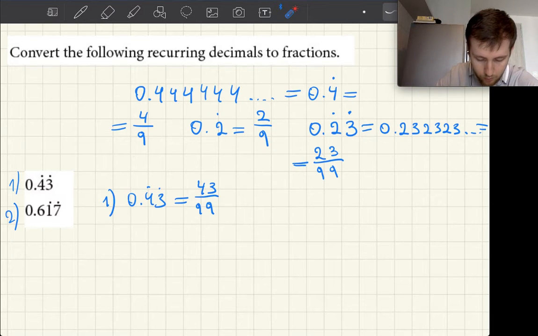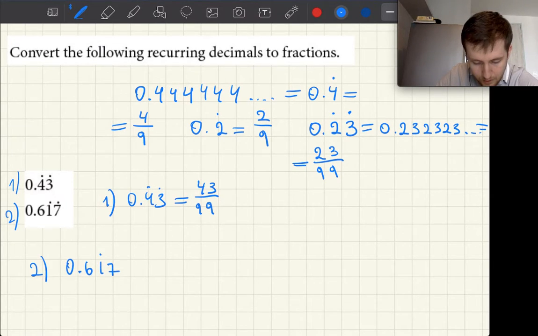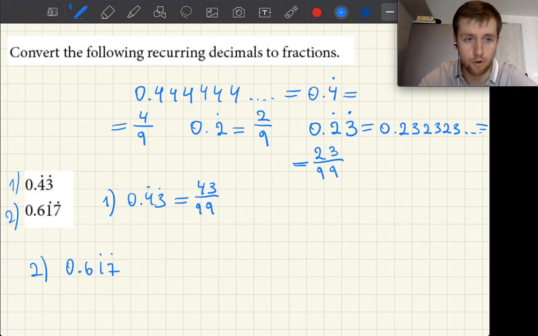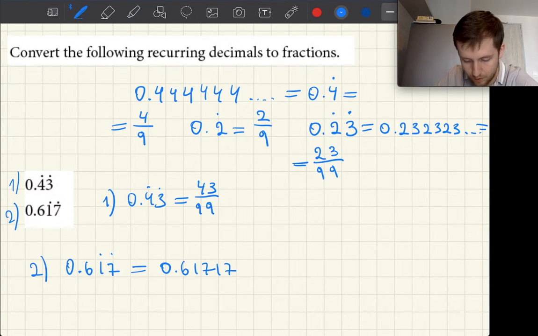Number two, 0.617 repeating. Please notice that 6 is not repeating, not recurring. Only the 17 part is recurring, so it's going to be like this: 17, 17, 17, 17.